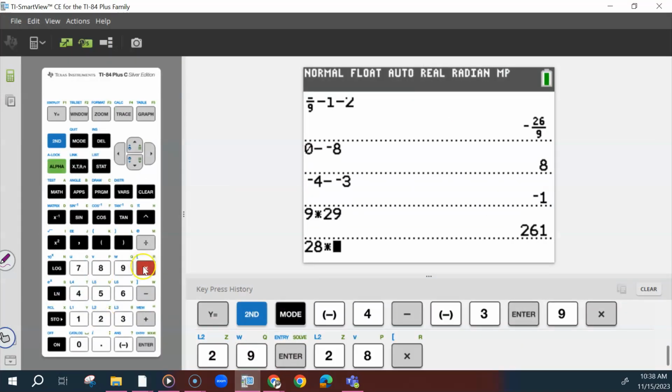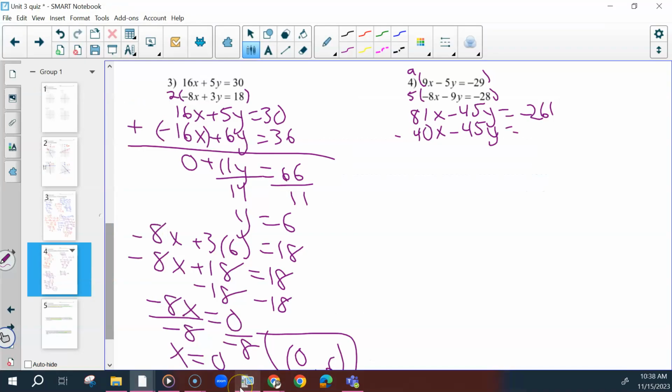Why did you put 5 on the second one? You can choose whatever numbers you want, but if I'm eliminating the y's, I can multiply by 5 and 9, the opposites of each other.